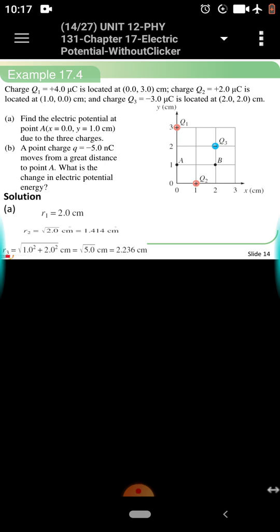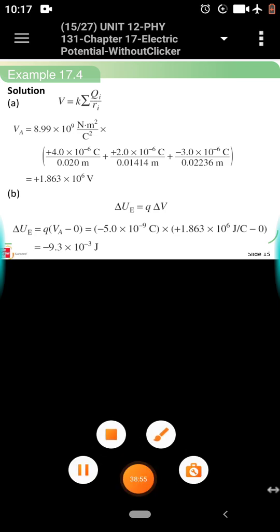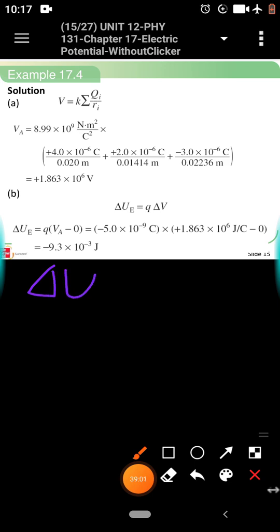So now we need a formula that relates potential energy and electric potential. Let's go over this, because we want to find the electric potential energy.